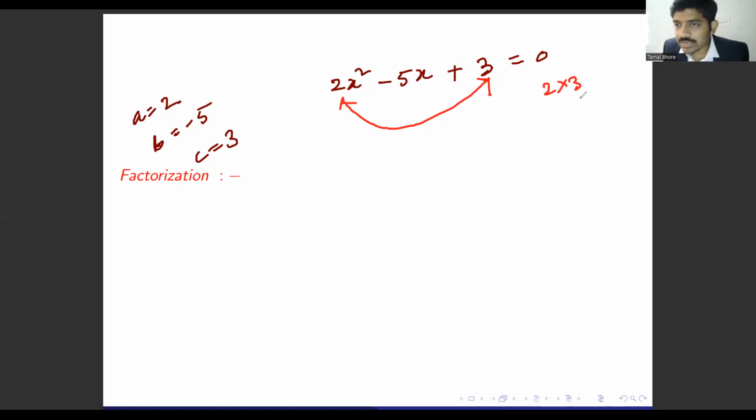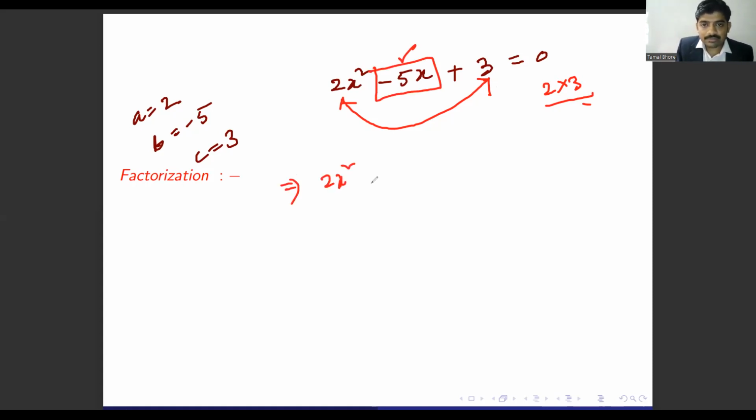As they are already in the prime factorization, you can't factor more. So this is a clue. With the help of this clue, you have to split the middle term. So let's split it. 2x square minus, I'm writing 5x as 3x plus 2x. How am I writing 3 plus 2? With the help of this.